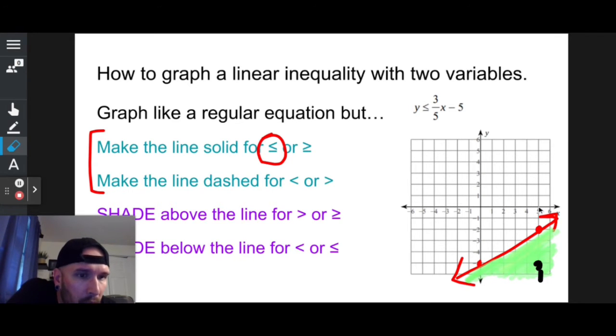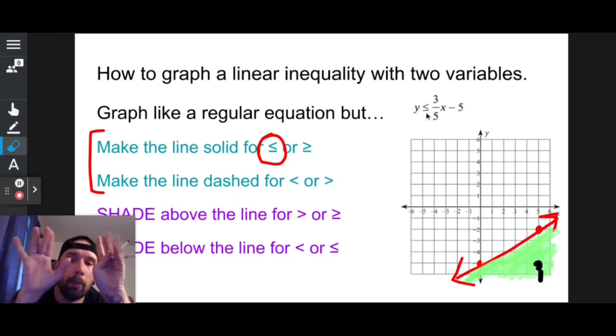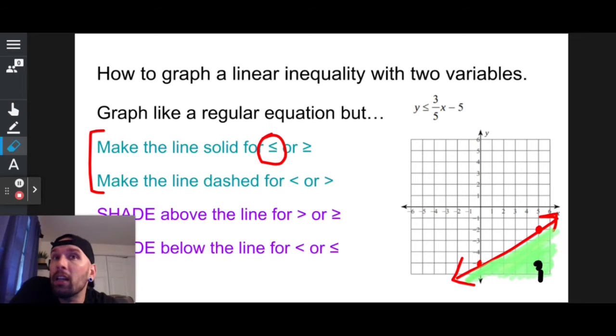If I were to plug in 5, -2, that point right there, it would say -2 is less than or equal to -2, and -2 is less than or equal to -2. So it all works out.